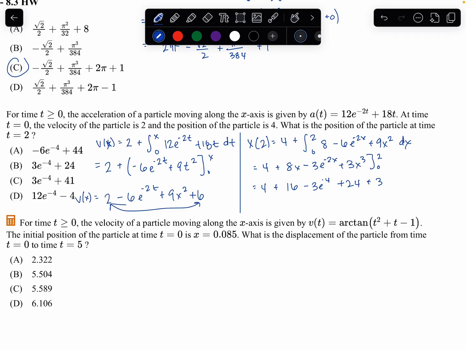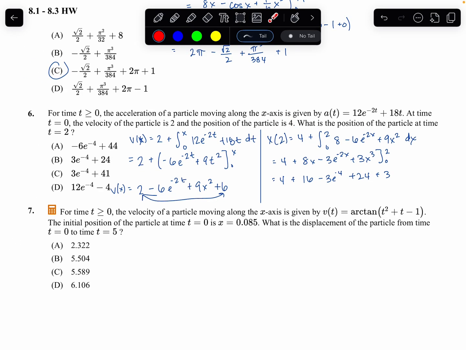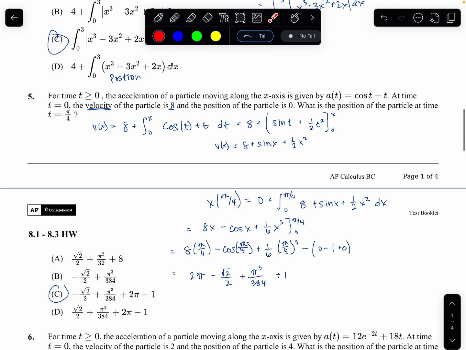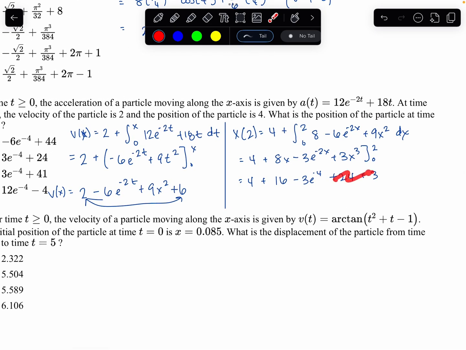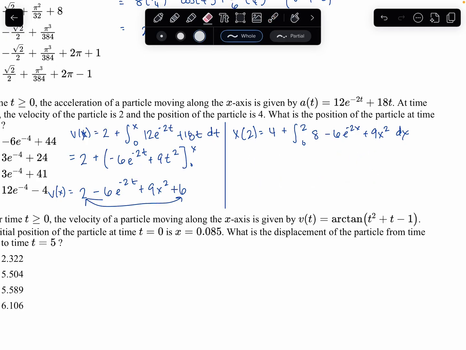I really don't know. Position of the particle is 4. Integral from 0 to 2. It worked out so well in the previous problem, and now I'm making mistakes here. Maybe I added wrong. 24 plus 3 is 27. Plus 16 is 43. Plus 4 is 47. Alright, let me just double check my work one more time, I guess.